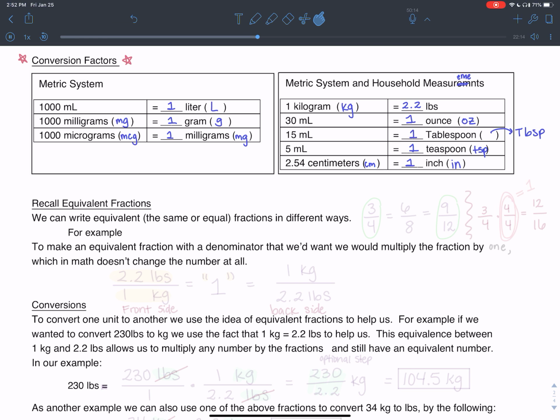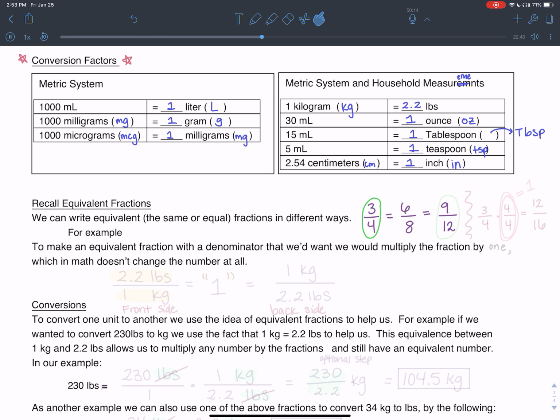For example, 3/4 equals, if I multiply the top and the bottom by 2, 3 times 2 is 6 and 4 times 2 is 8. I could also do 3 times 3 is 9 and 4 times 3 is 12. So the fraction 9/12 is exactly the same. They're equal to 3/4.